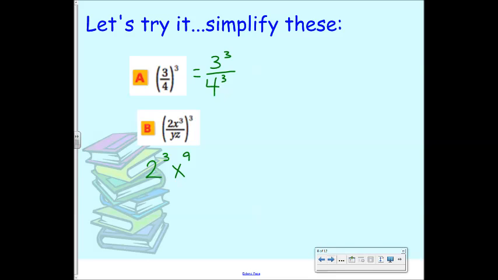And then what about the denominator? Can you do anything with any of that? The only thing you could possibly do is 2 to the 3rd, which is what? 8. So 8x^9, y^3, z^3. And there's nothing else you can do because none of the variables are the same.